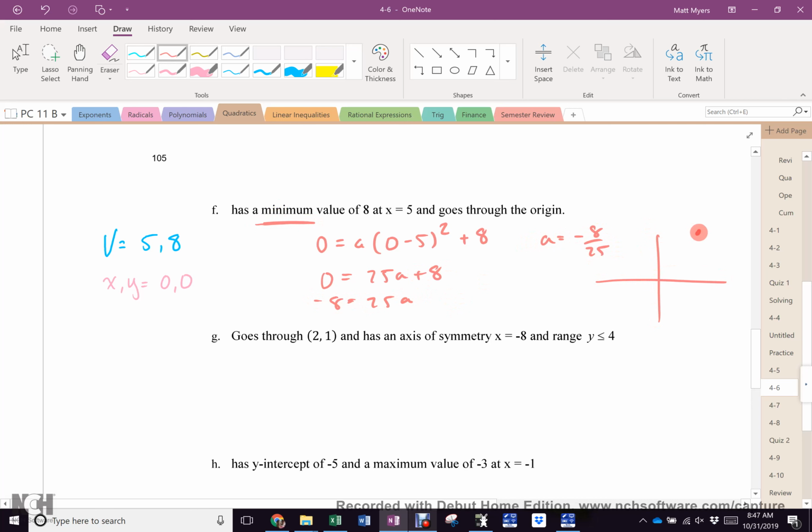(5, 8). Let's just wait a second. If that's a minimum, it has to be that, right? But according to our math, it has to be that, right? What are our possibilities here?